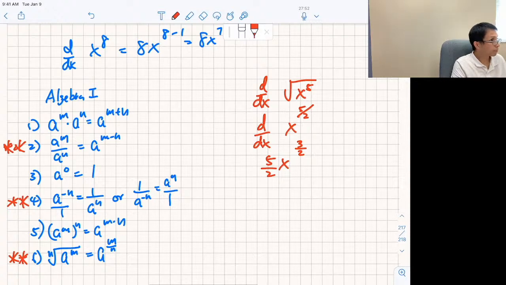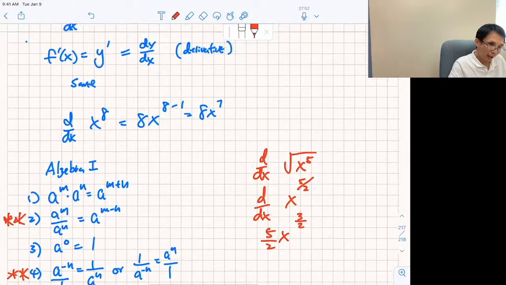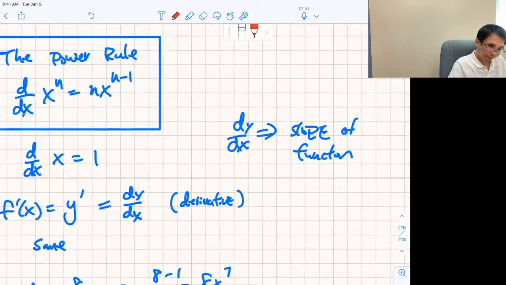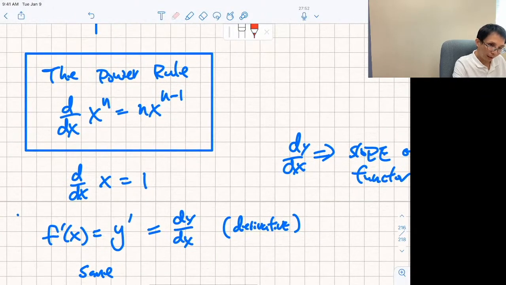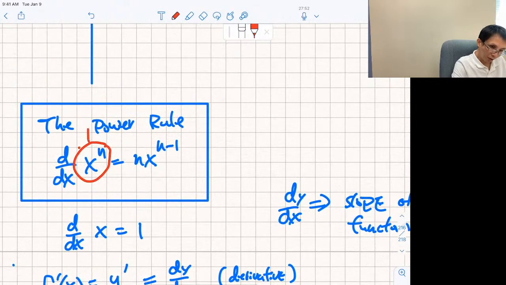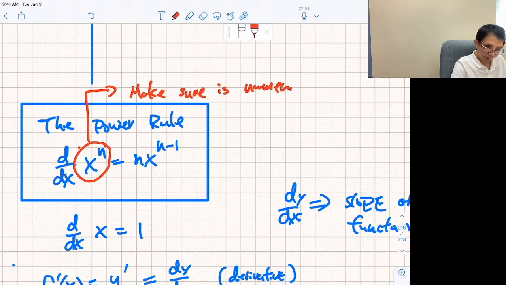Are we okay? Now I want to go back to mention this rule. Can you put a very, very important note here: make sure it is in the numerator.